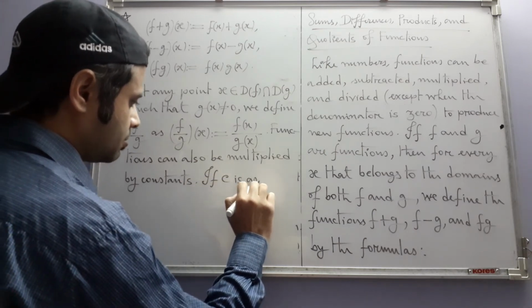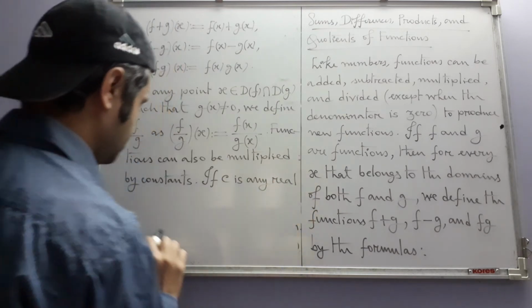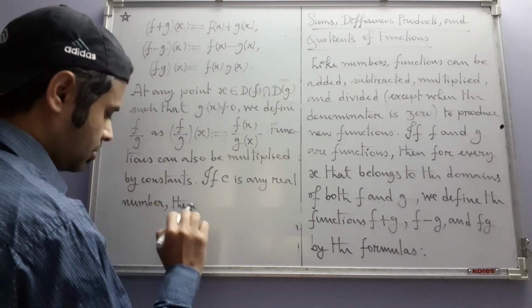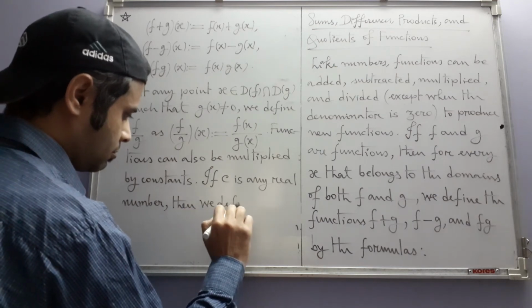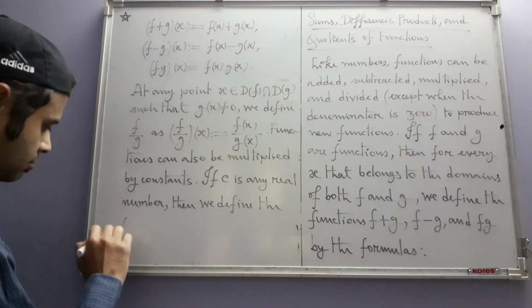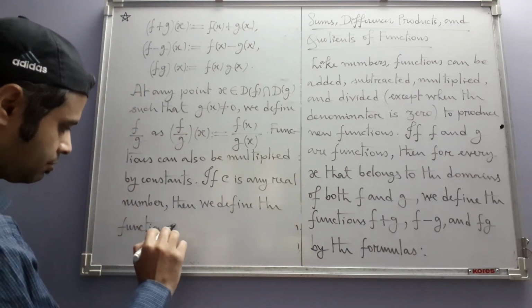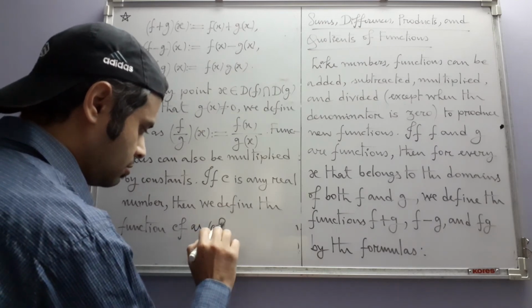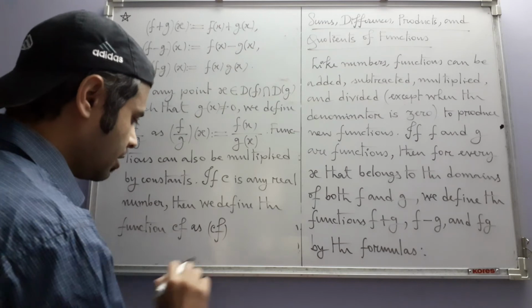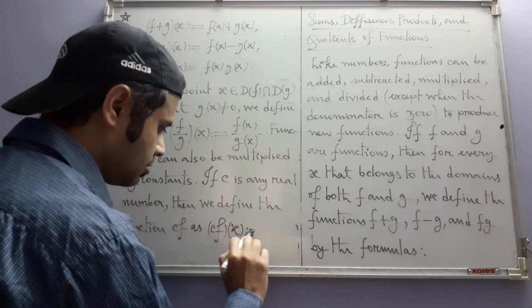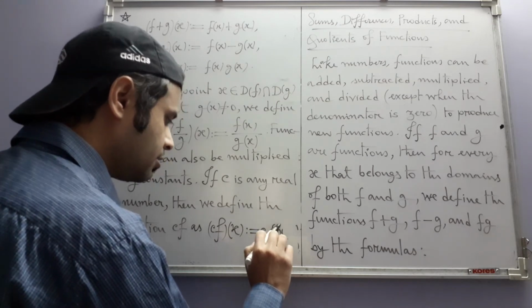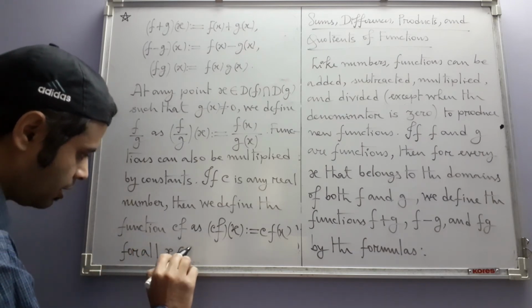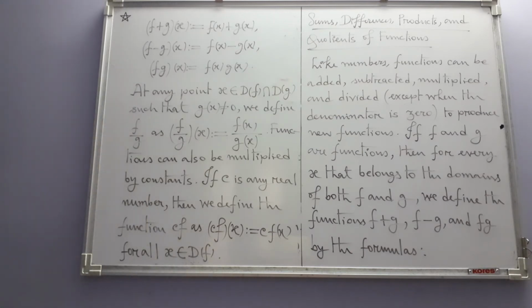If c is any real number, then we define the function cf as follows. cf, we have multiplied the function f by the real number c, at x is the product of the real number c and the real number f of x, for all x belonging to the domain of f.